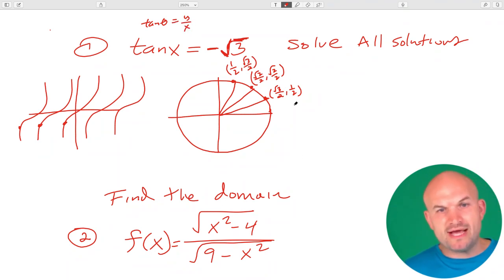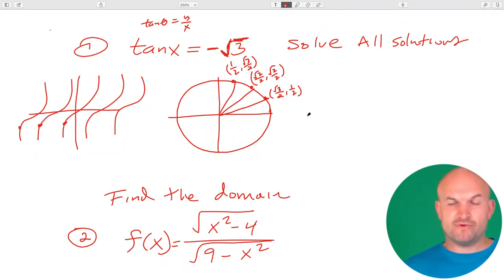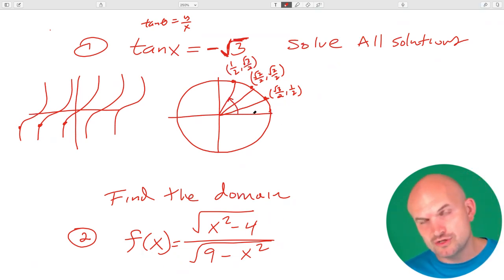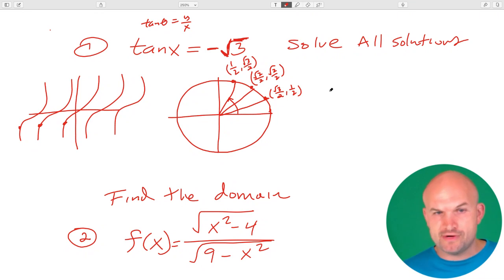Hopefully, you can recognize that it's going to be this angle, which based on our unit circle is pi over 3.